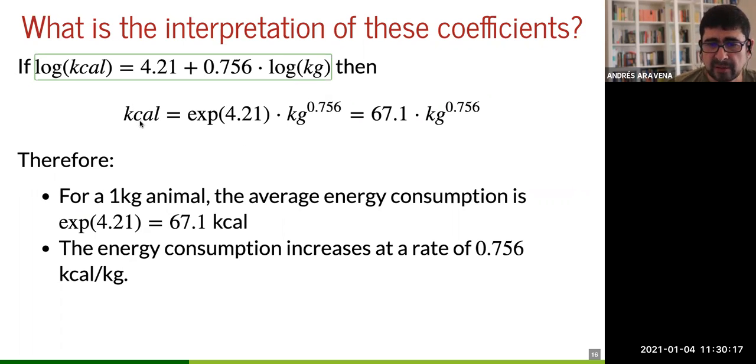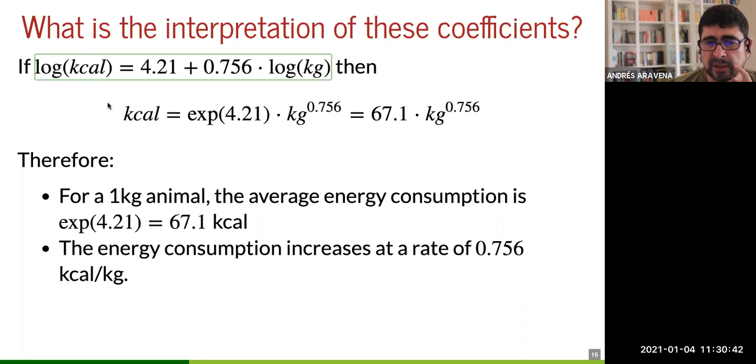Okay. So therefore, I'm undoing the logarithm using the exponential, let's say. So this log goes away. You have kilocalories. This number becomes the exponential of 4.21. The sum becomes multiplication, the multiplication becomes exponentiation, and the log disappears.